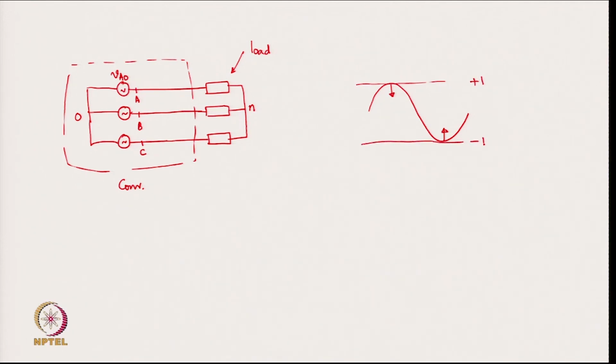Okay, we are trying to push the point down. Now, whatever extra modulating wave we are going to add, remember that it must be a common mode voltage. Okay, it must be a common mode voltage.